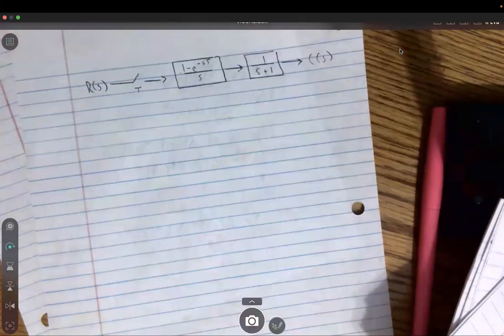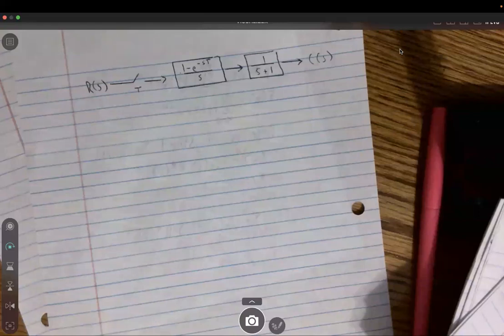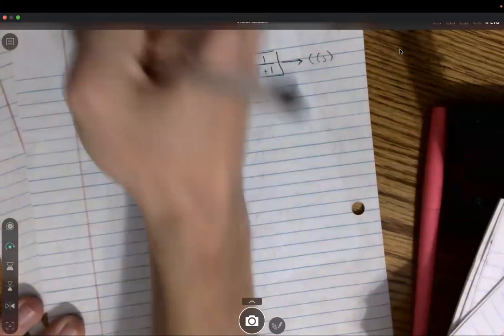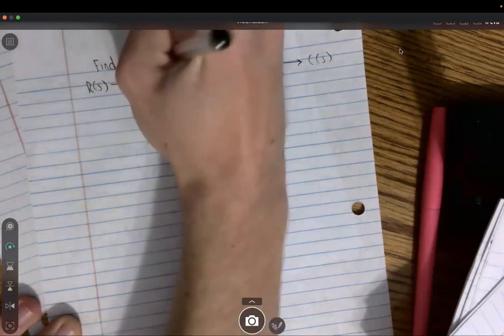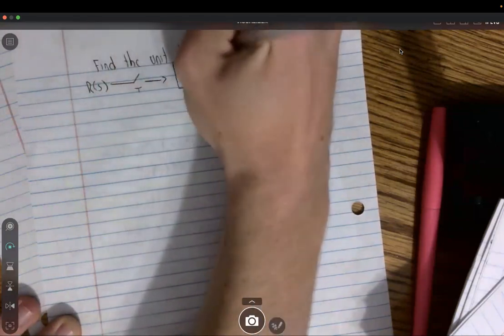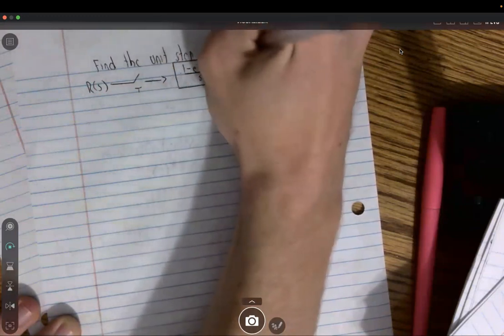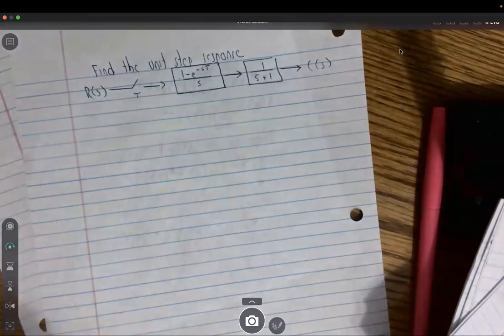We need to find the unit step response. In order to do that, we have to make two equations.